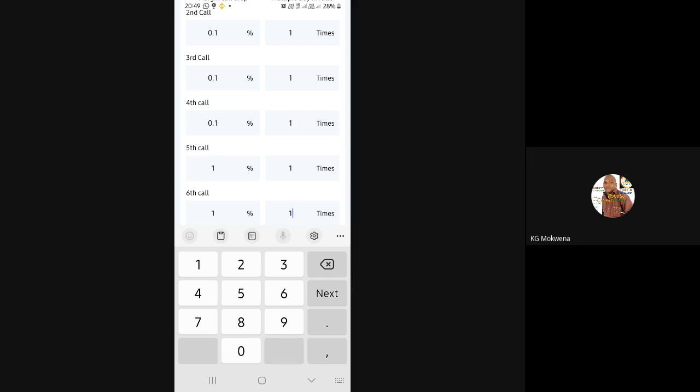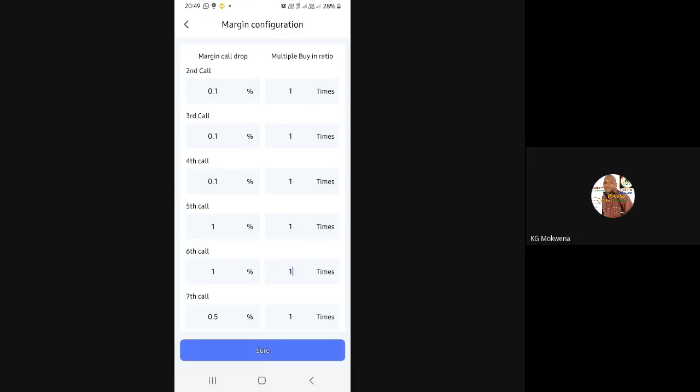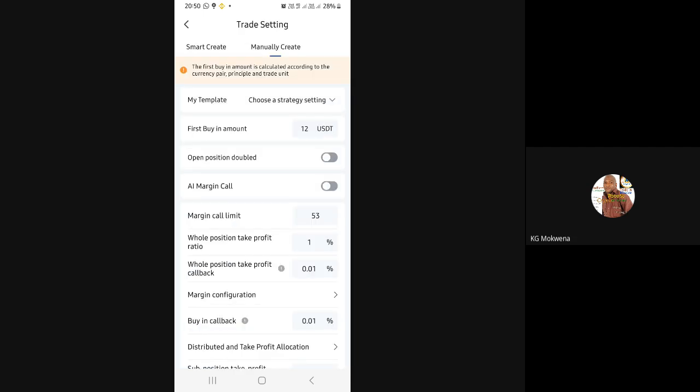And then there's something that we don't know also. Okay, click on show. But do you know call number 13's normal settings? Do you still remember them? Leader Cyril, do you still remember the margin call drop for call number 13 and its multiple buy-in ratio, the normal one, according to our template?